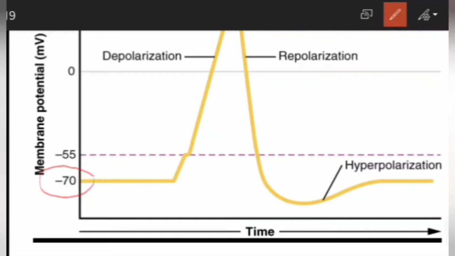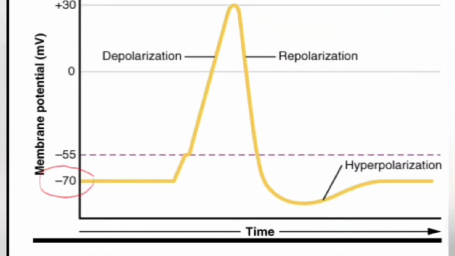Now what will happen? Now all the voltage gated sodium ion channels will open and there will be rapid influx of the sodium ions inside the cell. That increases the potential to almost plus 30 millivolt. Okay? You see that this is given around plus 30, but we consider this to be plus 35.